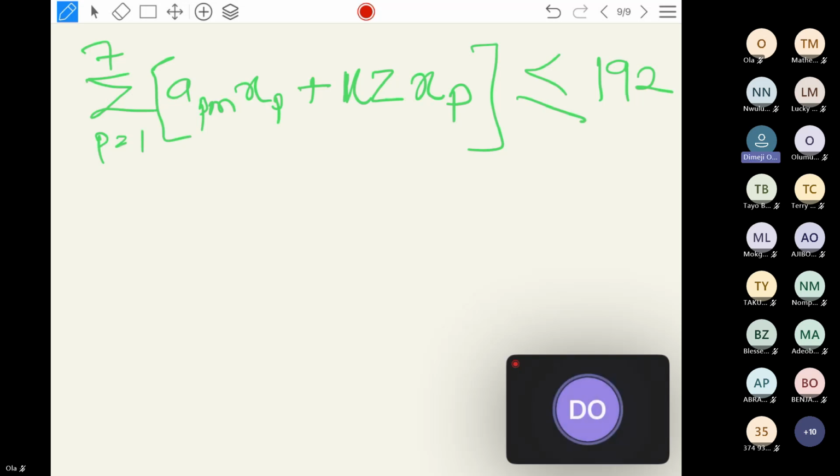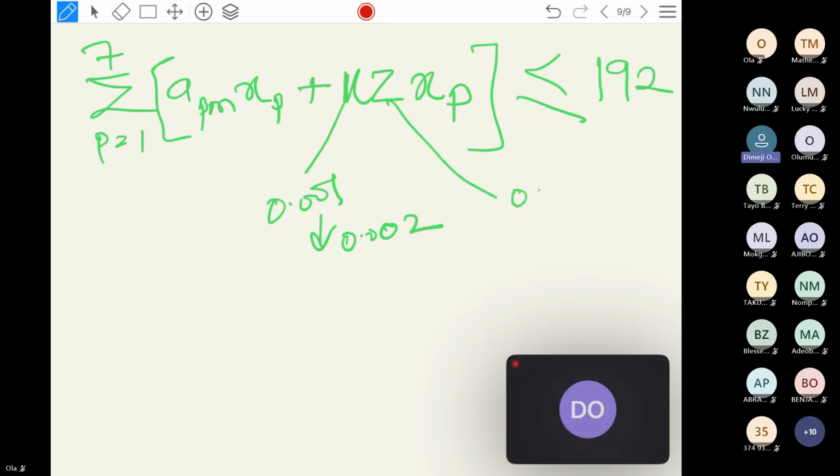So you want to change, it was 0.01 before. You want to change it to something else, maybe 0.02. You can do that. This one is always, it doesn't change.